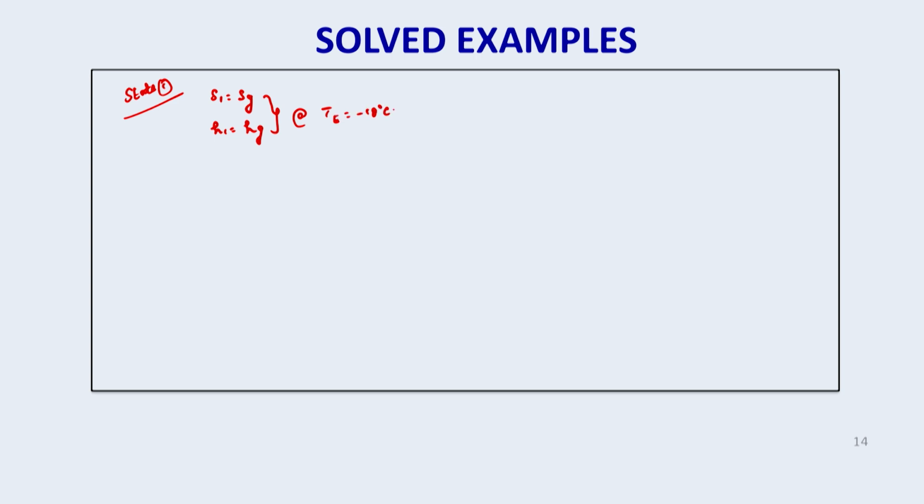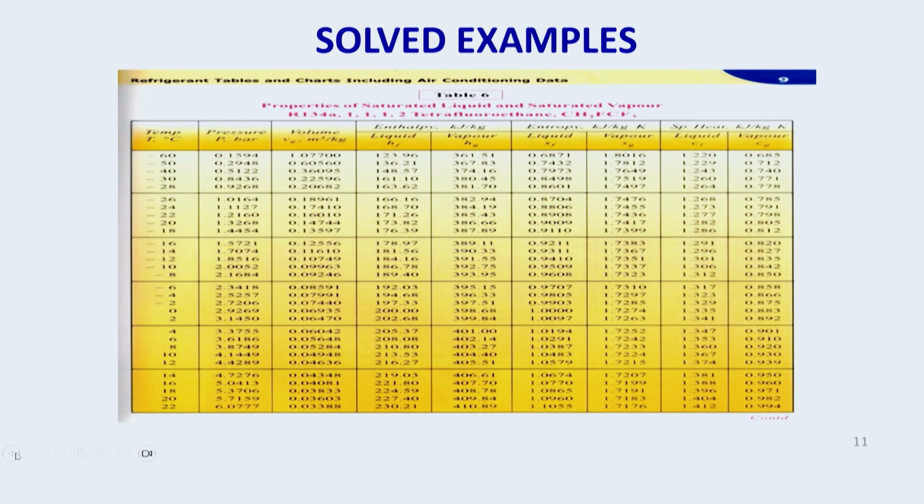minus 18 degrees centigrade, from the R134A table. If you see the values, S1 is equal to, this is minus 18 degrees centigrade, Sg value is, this is liquid entropy, this is vapor entropy, 1.7399. And vapor enthalpy is 387.89.